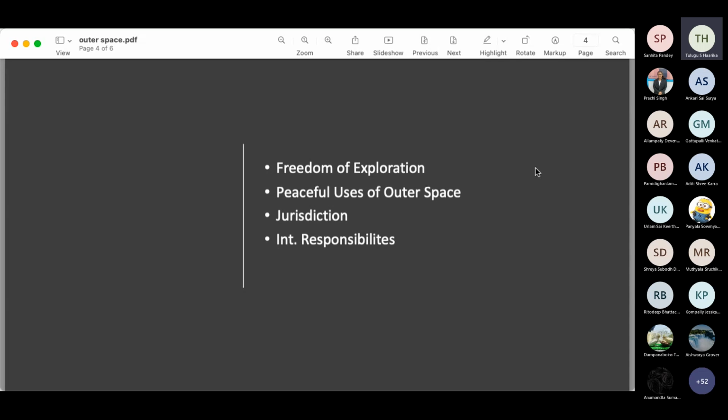The ownership of objects launched into outer space is not affected by their presence in outer space or where they are stationed. That is from where it has been registered. It is done through the registry.